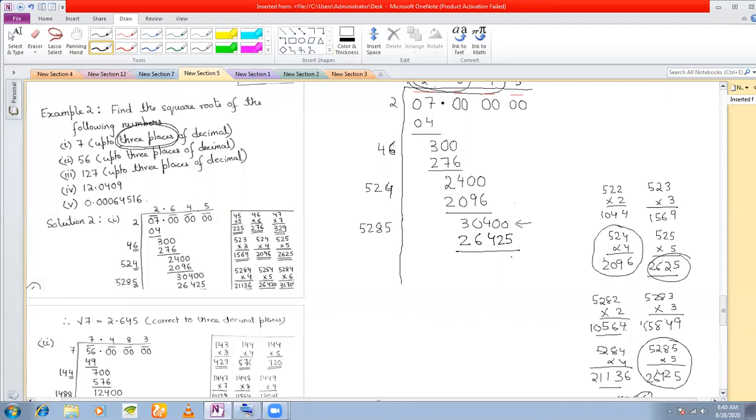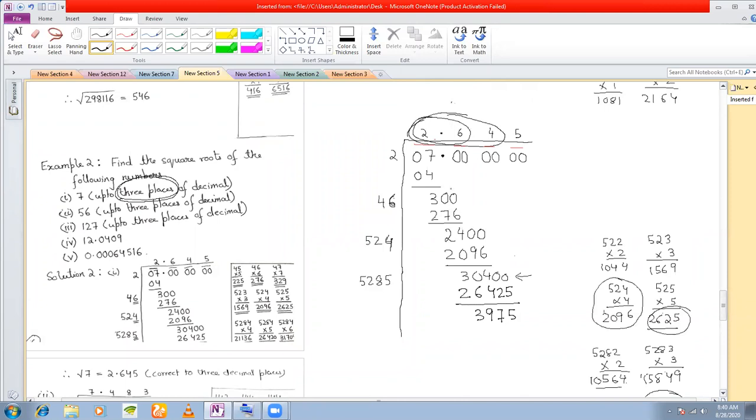Okay, now you subtract, and this is 3,975. Okay, so now what have we got? We have got 2.645. That means we were required to go till how many places of decimal? 3 places of decimal. So you have got 3 places of decimal here.